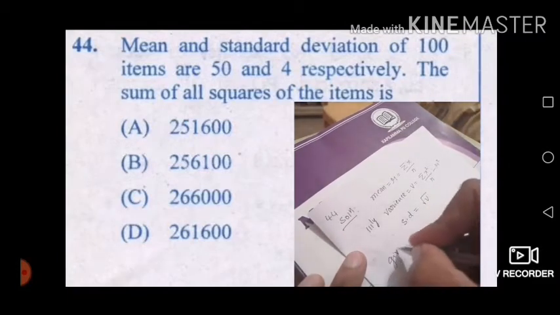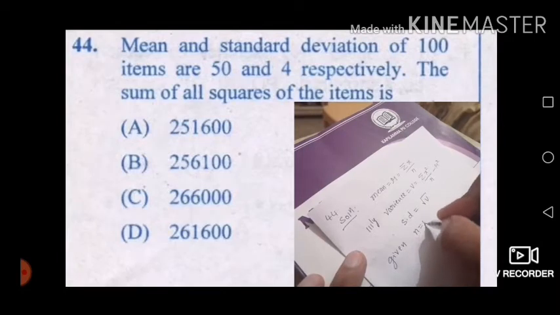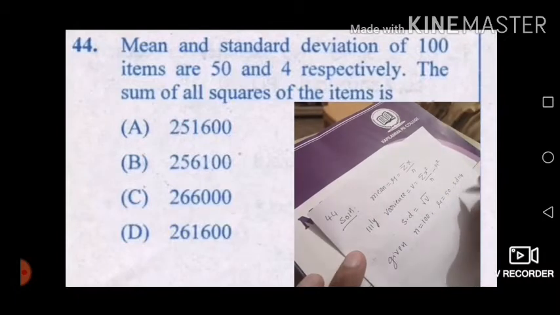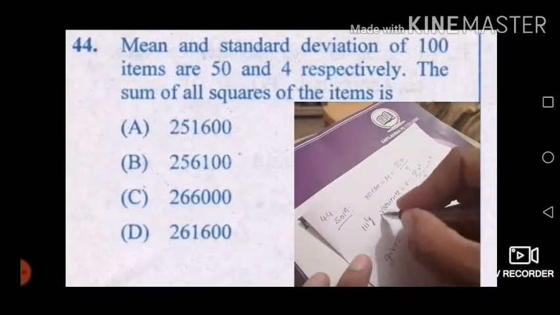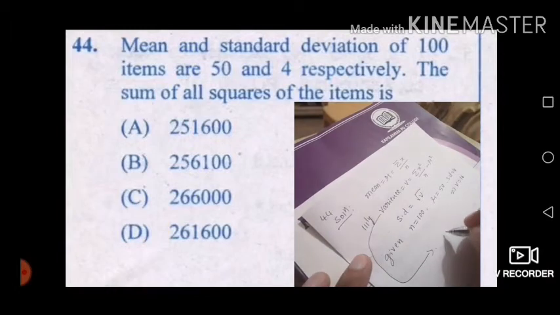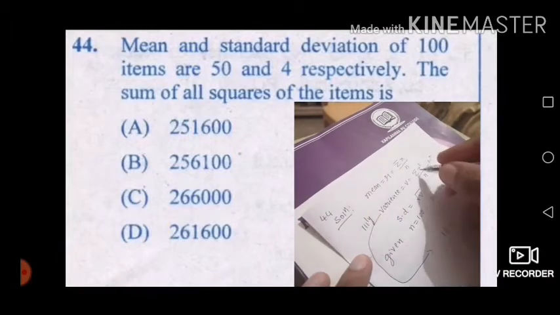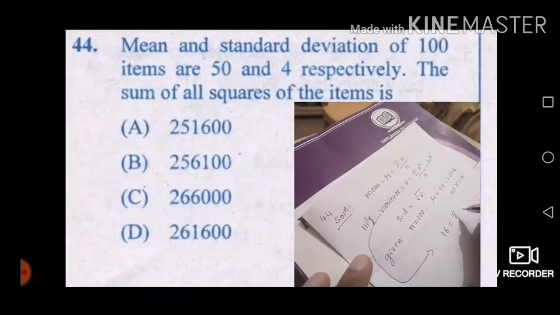Given the number of observations is 100, mu is 50 and standard deviation is 4, so that implies variance is equal to 16. Using the variance formula, substitute here. Variance 16 is equal to summation of x square divided by n, which is 100, minus mu square, that is 50 square.